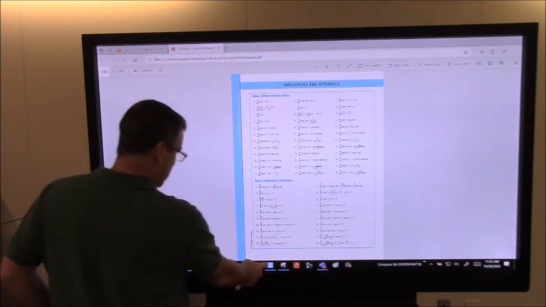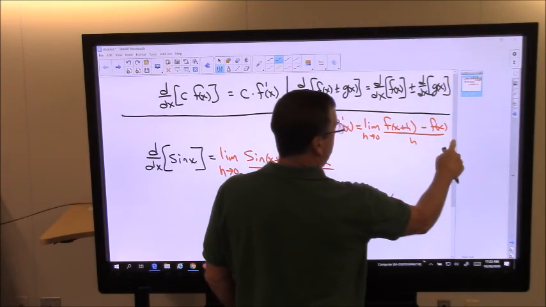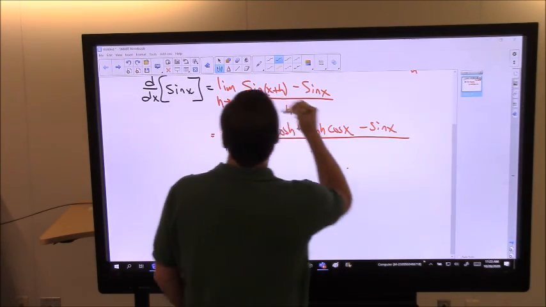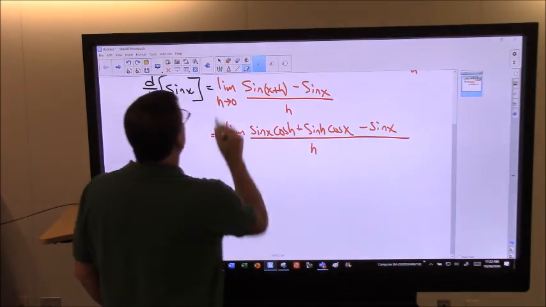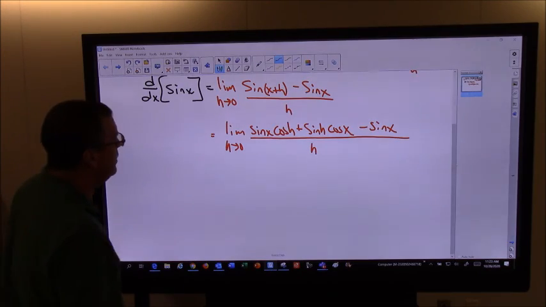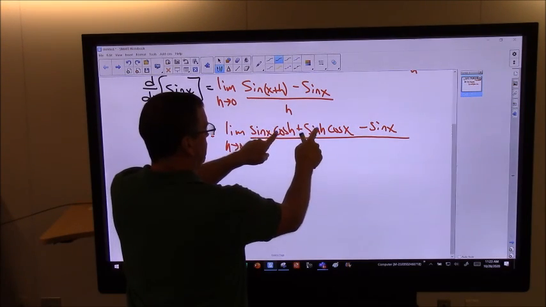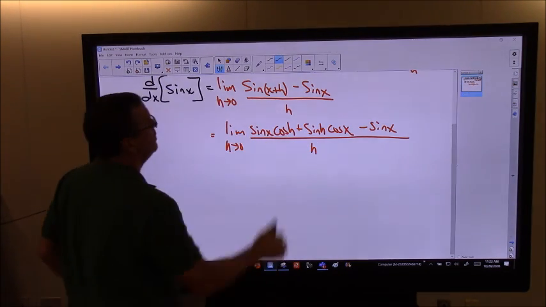All right, let's get back to our problem here. So I'm trying to figure out what the derivative of sine is, and this is what we've got so far. All right, so what I'm going to do is switch these two terms.